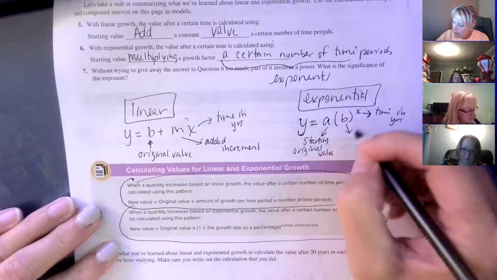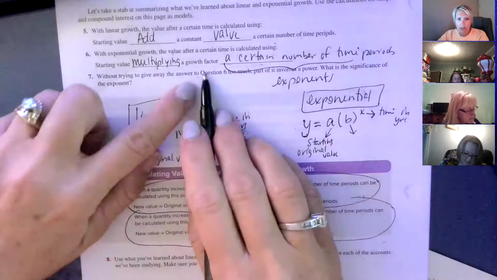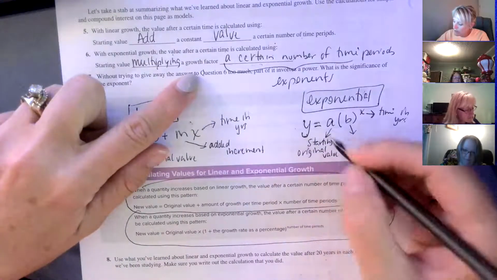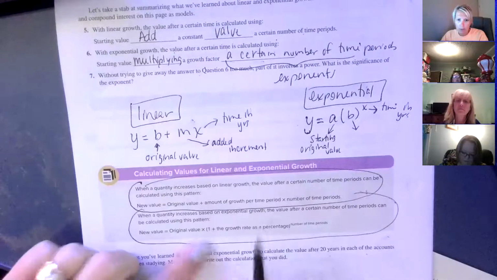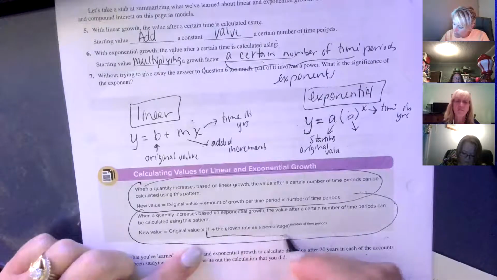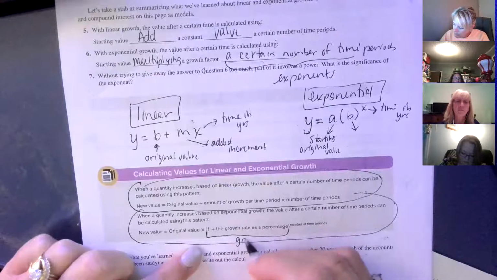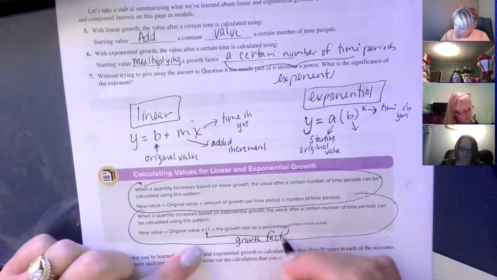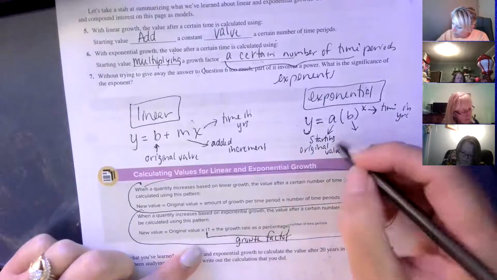And b is that growth factor. Down here in the purple, the growth factor is 1 plus the growth rate. So I wanted to point that out. The growth factor is 1 plus the growth rate.